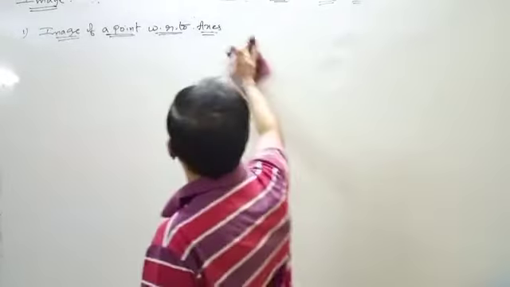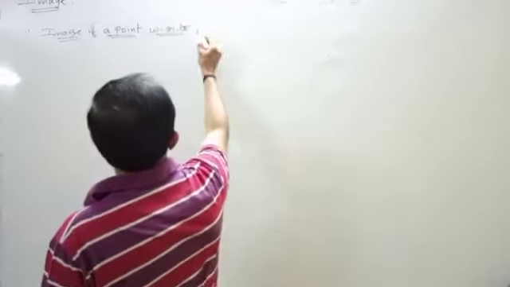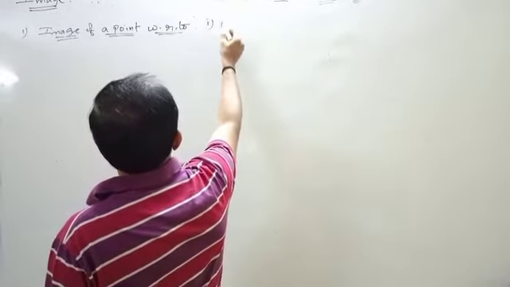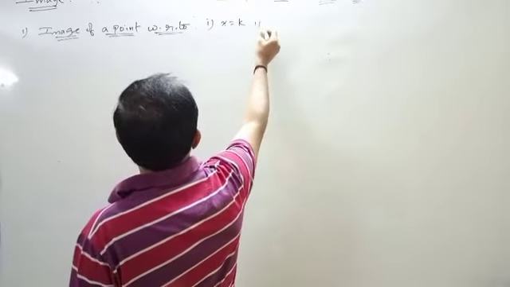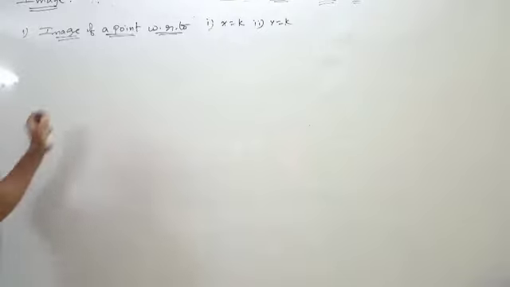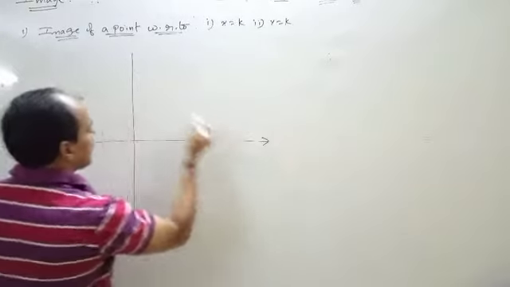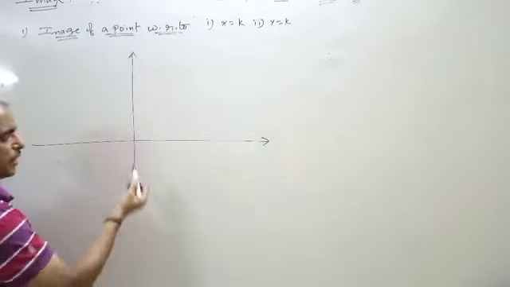With respect to another line, x is equal to k, y is equal to k. Now, the image of a point with respect to x is equal to k and y is equal to k. You see, this is the x axis and this one is the y axis.